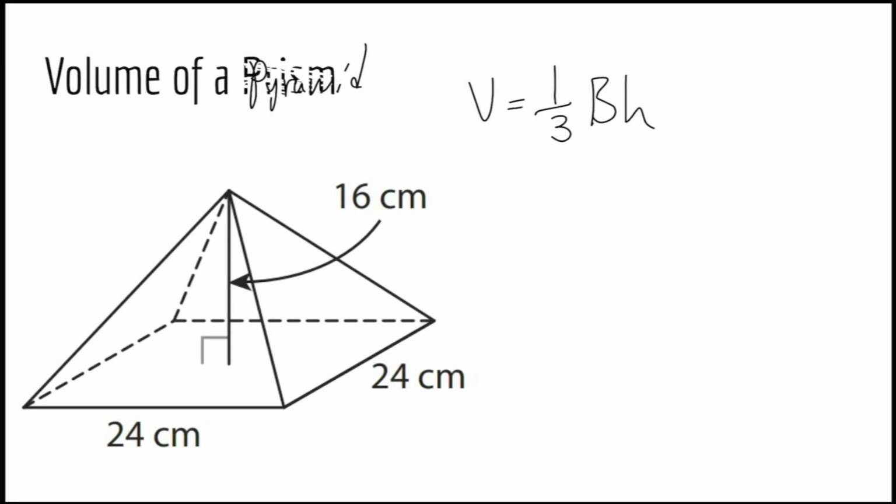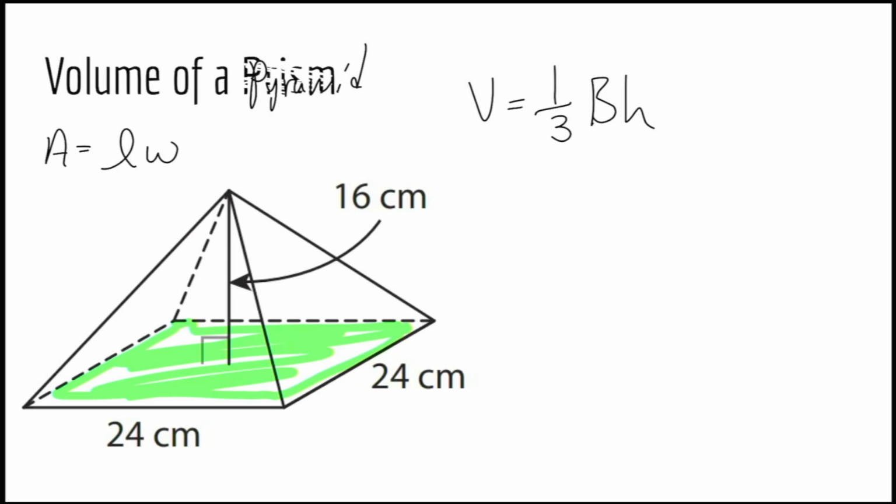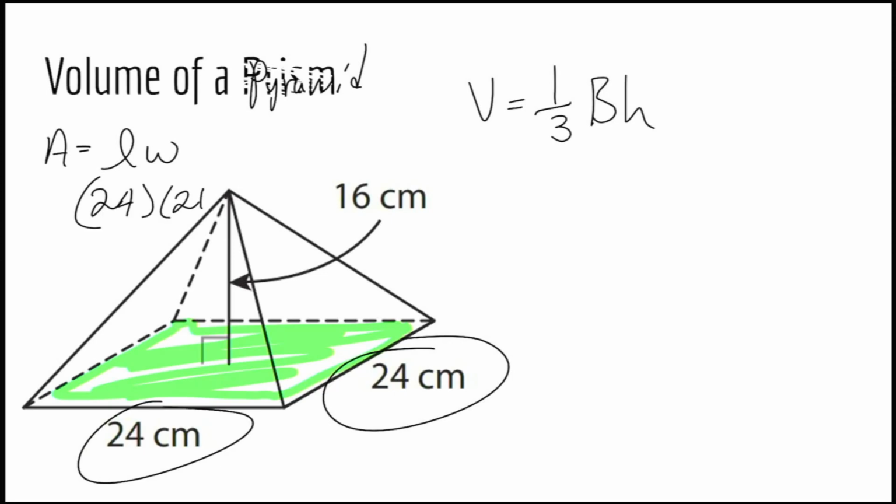In this case, what type of base do I have? Yeah, we have a square base. So how are we going to find the area of the square base? It's going to be length times width. Since it's a square, it's going to be the same number. So it's going to be 24 times 24.